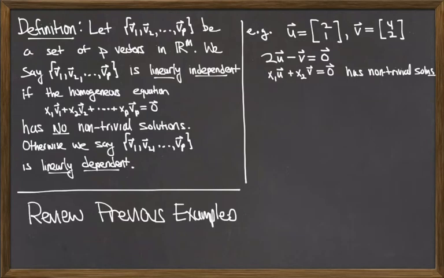In fact, if I take 2 and -1, I will get an example of such a non-trivial solution. There are many other non-trivial solutions, infinitely many in fact, but just the fact that there is one non-trivial solution is enough to come to the conclusion that my 2 vectors form a set of linearly dependent vectors.